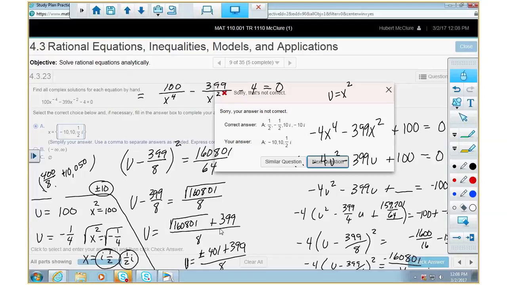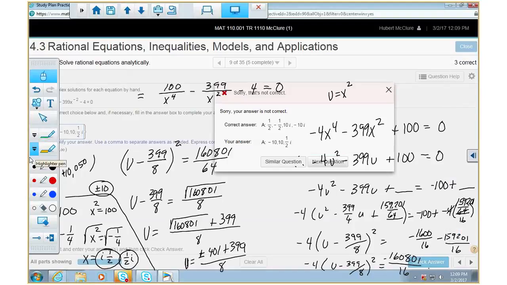Yeah, there's something wrong, because I'm supposed to have a negative 100. So this needs to be negative 800. So that means I need to have a negative 399, which means this needs to be positive. There it is. When I pulled out that negative, I left that negative. I made a mistake right here.